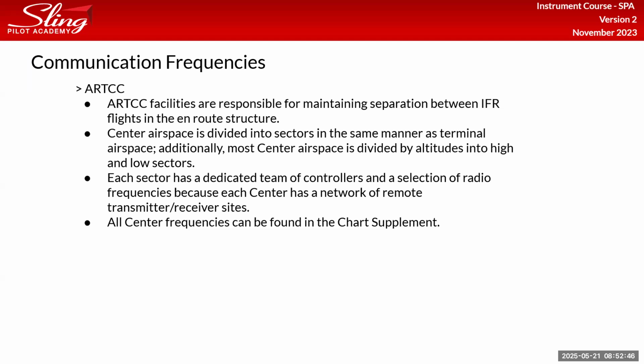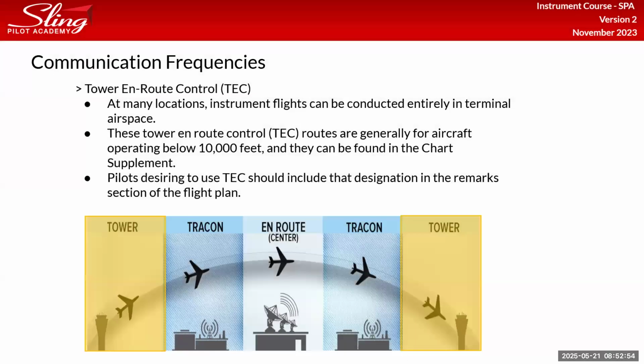So that's why when you fly from here to Vegas, like in this picture right here, you depart Gillespie, you're on with Tower. Then for a while, you're going to be on with TRACON, which is SoCal departure. Eventually, once you're in the middle of nowhere, you're going to be on with an en route center, so that might be LA Center.